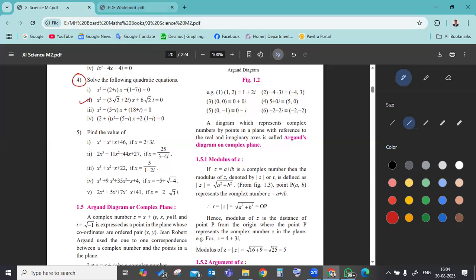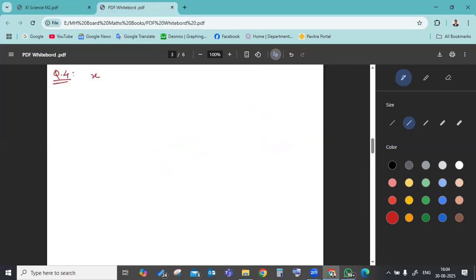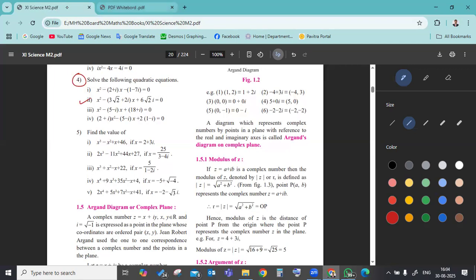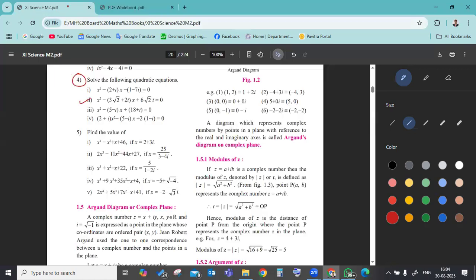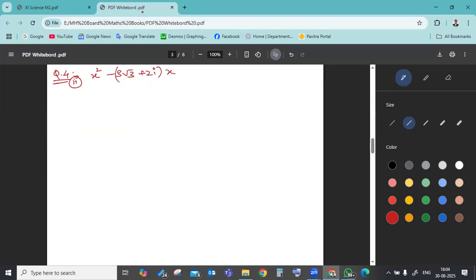x square minus (3 root 2 plus 2i)x plus 6 root 2i is equal to 0. Okay.